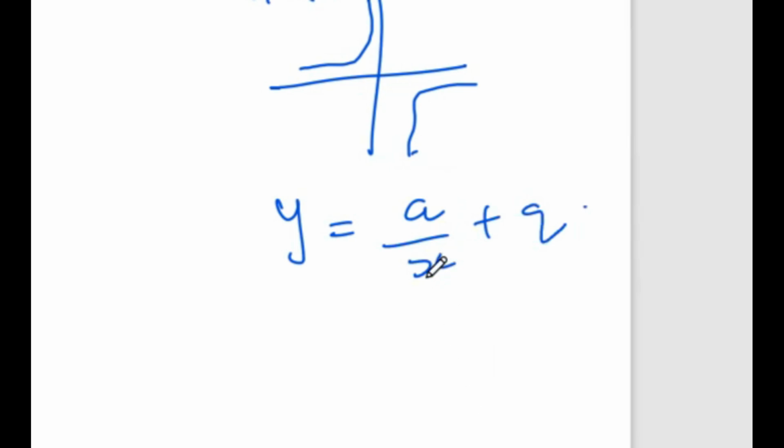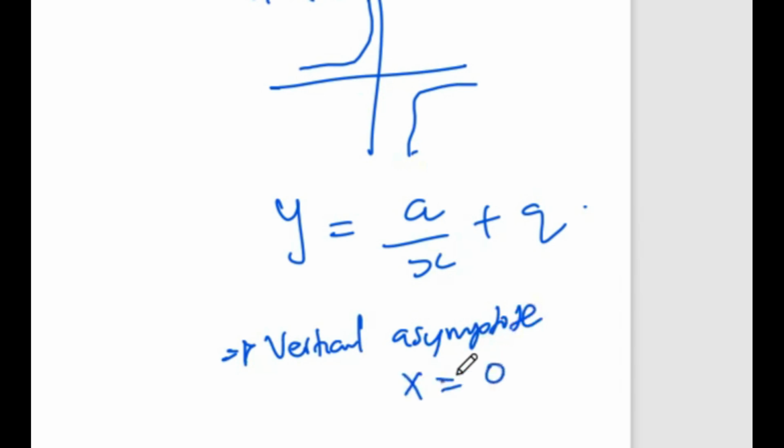Okay, a over x plus q. So this hyperbola has what we call asymptotes. Okay, so the vertical asymptote, x will always be 0 for a great chance. And then y will be equal to this q. In other words, we can shift it up or down and all of that. We just need to remember that.